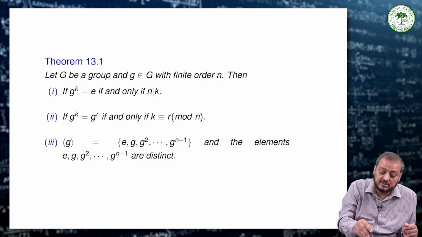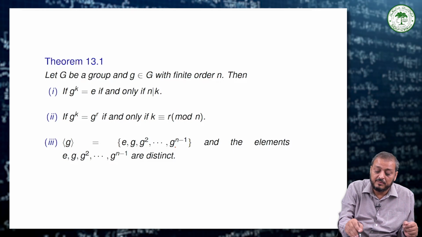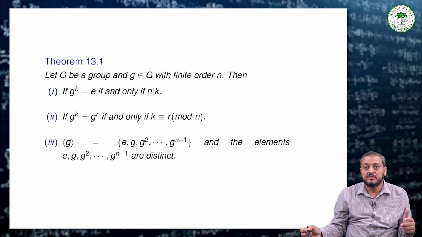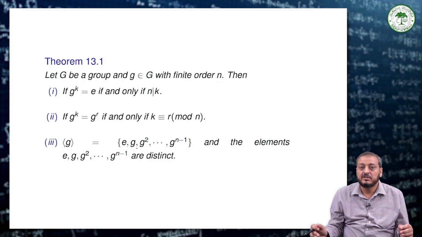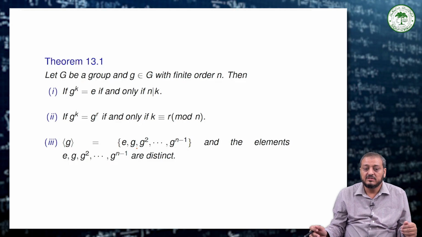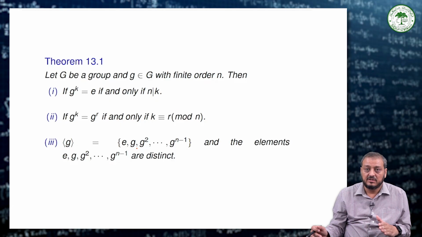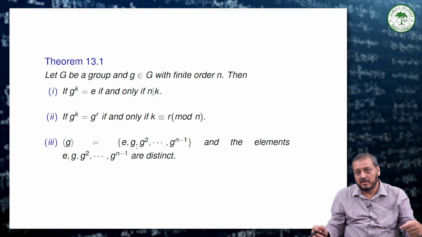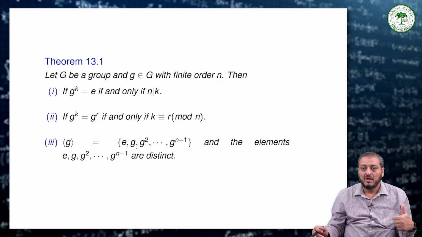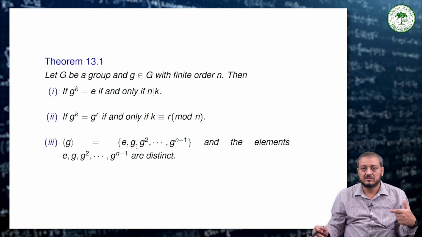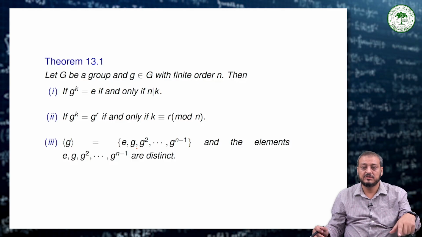And the generators are: G is generated by e, a, a squared, up to a to the power n minus 1, and these elements are distinct. So I just recall today's lecture with this theorem, and then we will try one or two examples on this theorem.